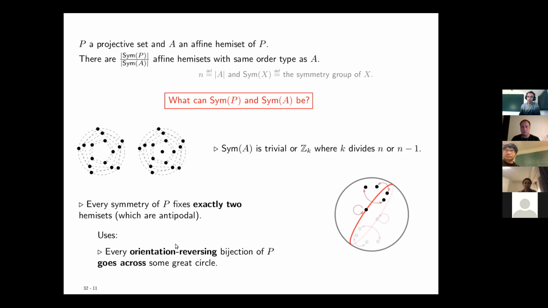And you can prove that every orientation reversing map has orbits only of size 1 or 2. So the orbits of size 1 have to be on a great circle, and the great circle has to intersect every segment joining points in an orbit of size 2. And that's something we get from Hadwiger's transversal theorem, which was a bit unexpected in this setting.